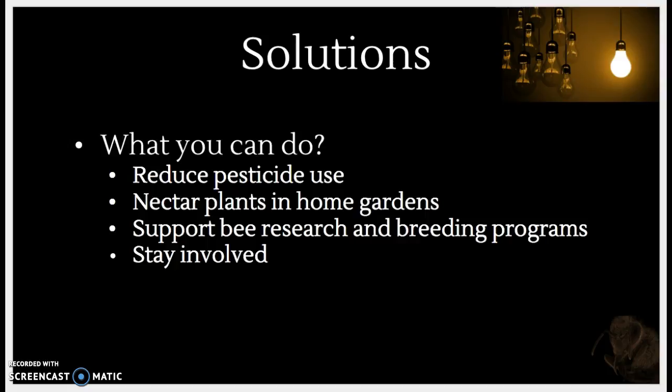And in addition, communities can plant pollinator-friendly plants, and these plants are great sources of nectar and pollen, such as red clover, foxglove, bee balm, Joe Pye weed, and other native plants. I have never heard of some of these, but obviously they're very accessible to research online. Lastly, you can support companies that support bee research and breeding programs.